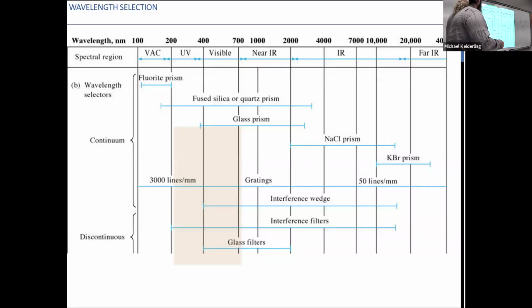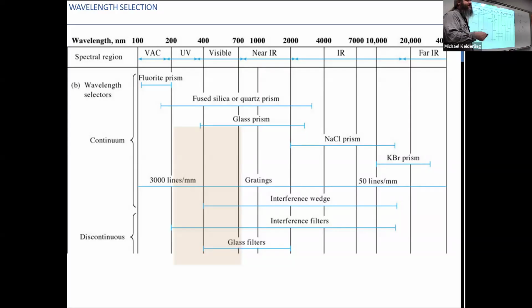But more often, you get things like gratings, which can cover the whole range depending on how finely spaced the lines are on the grating. So you choose the spacing of the lines based on what wavelengths you're interested in. So if you're interested in short wavelengths, you might do something like 3,000 lines per millimeter.